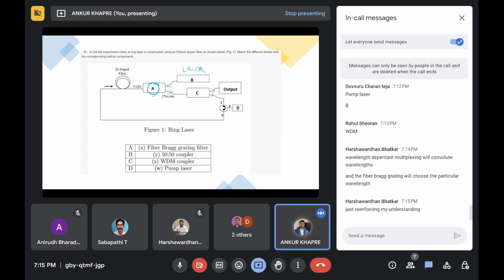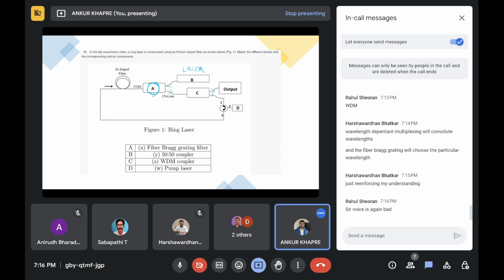You can assume that. What is happening? The laser is the input source. Then it is going to A. A is what? WDM coupler. Then it will go to the 50-50 coupler. Here it will split, and one signal will go to the output, and another will go to the D side. From C to D side, D is what? Then fiber Bragg grating filter only.